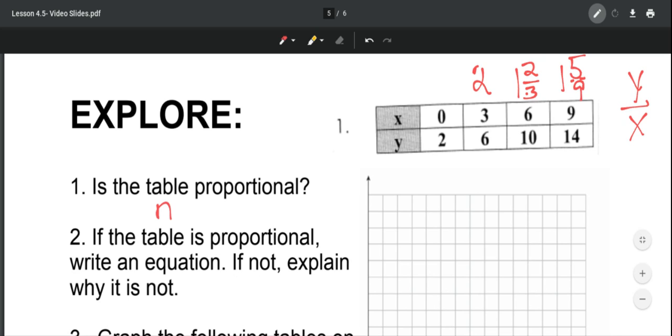This table is not proportional. It is not proportional because our constants of variation are not the same. Our y divided by x is not equal.